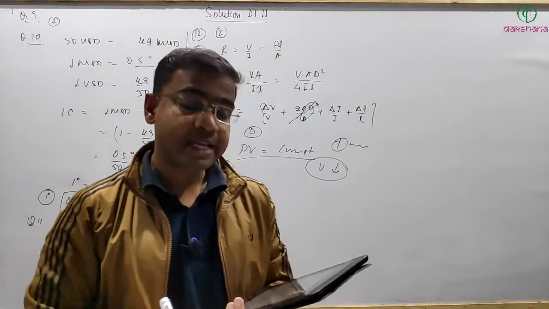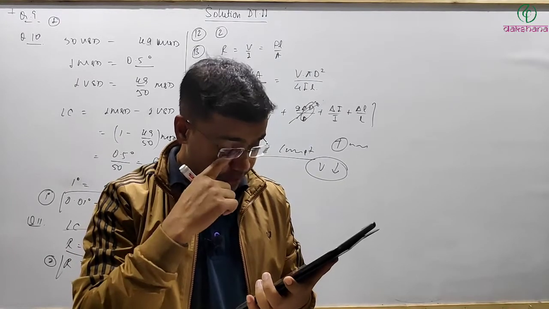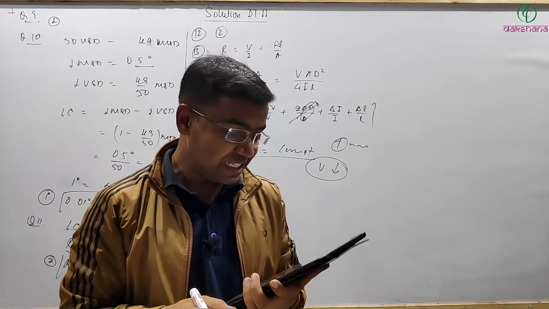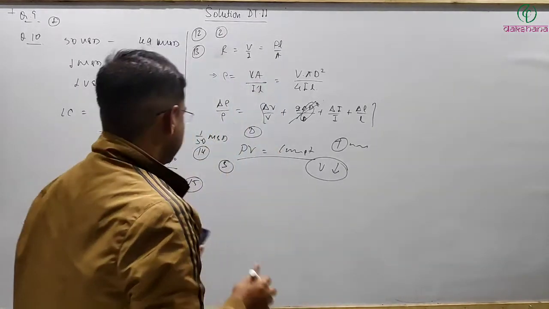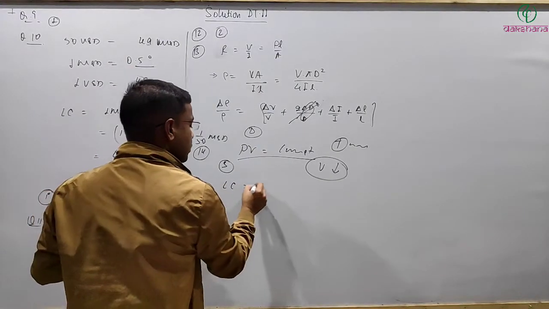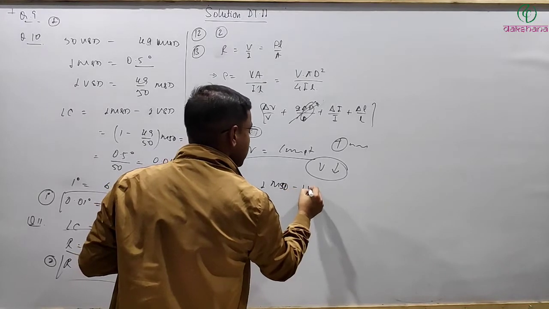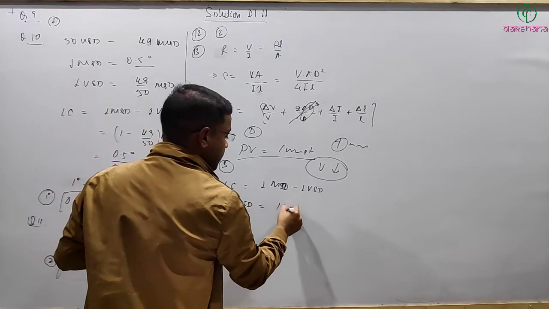A vernier caliper has 1 mm mark on the main scale and it has 20 equal divisions on the vernier scale which matches with 16 main scale divisions. For this vernier caliper the least count is, look here, least count is equal to 1 MSD minus 1 VSD, and 20 VSD is equal to 16 MSD.